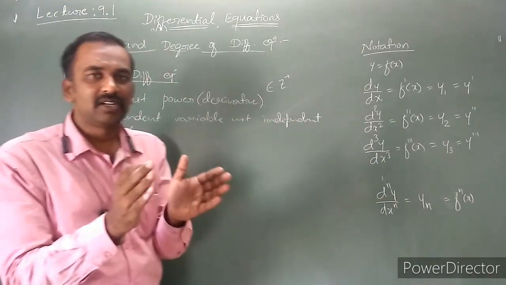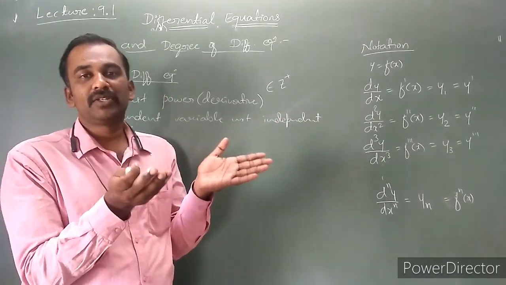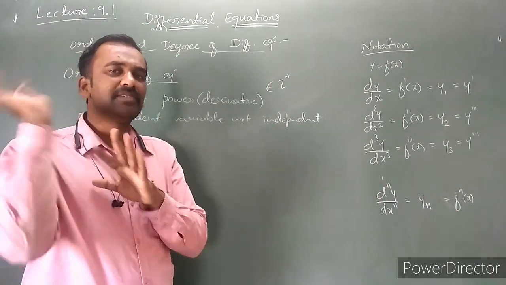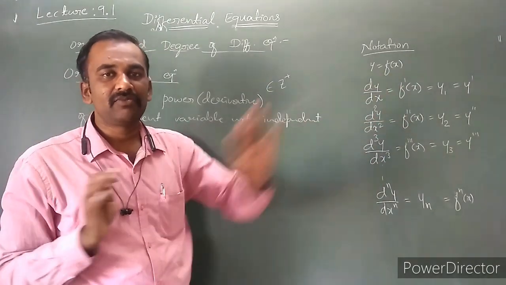What is the simple thing? Order means the highest order derivative: the maximum number of times they are differentiated, that is what we have to write.